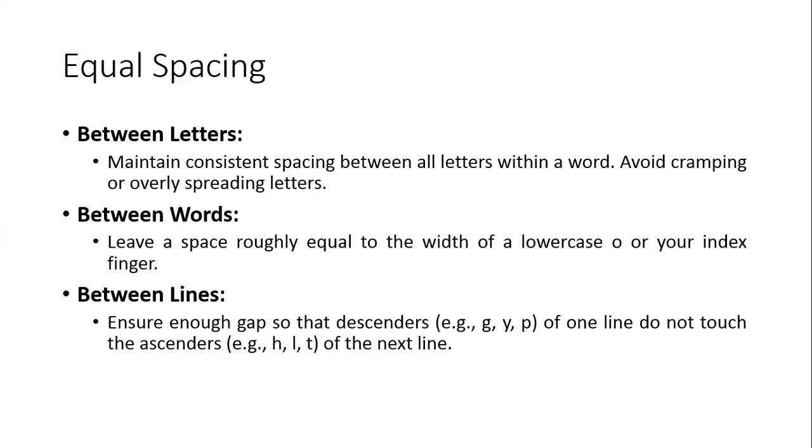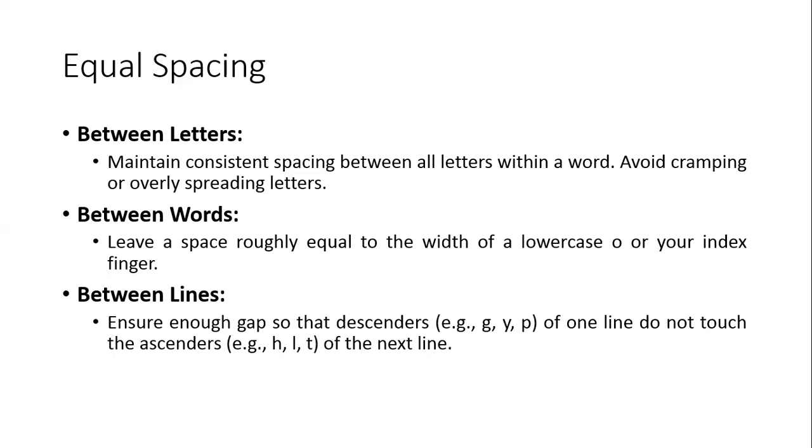Next, between lines, ensure enough gap so that descenders G, Y, P, Q of the line do not touch the ascenders, such as H, L, T, B of the next line. So for that purpose, we have to leave space between lines. Understood? I will explain this in writing format.